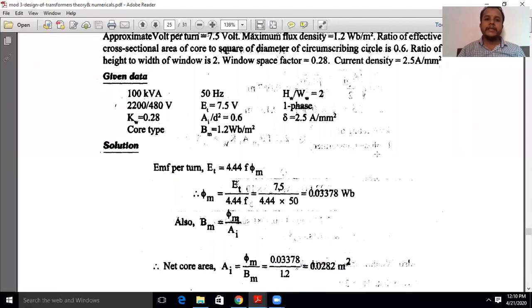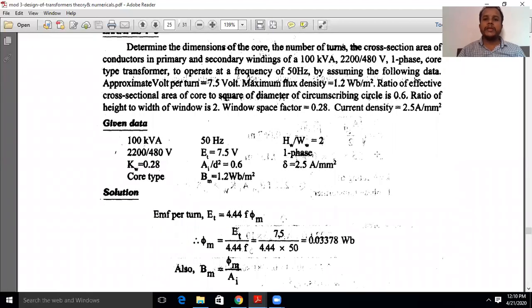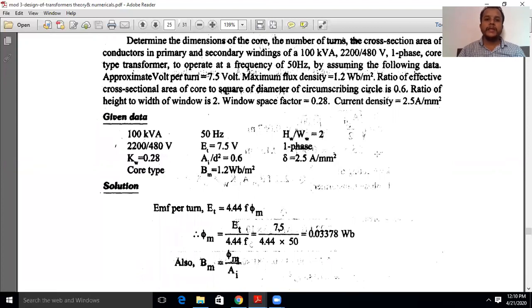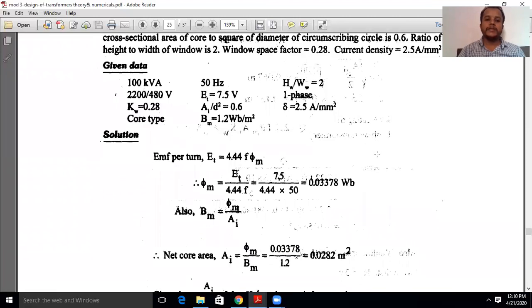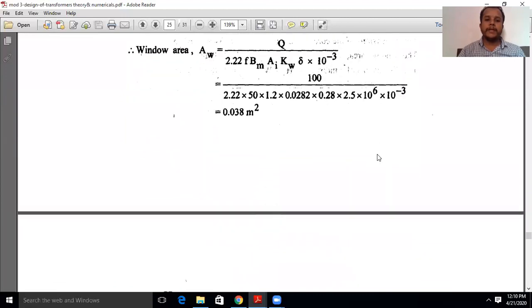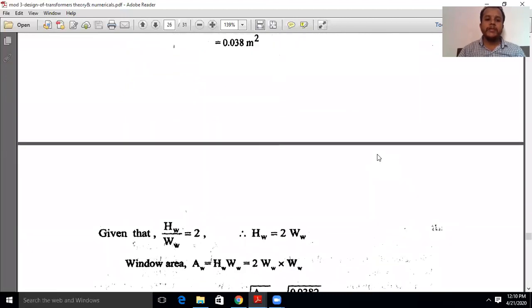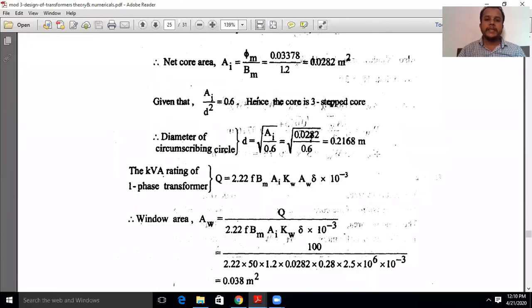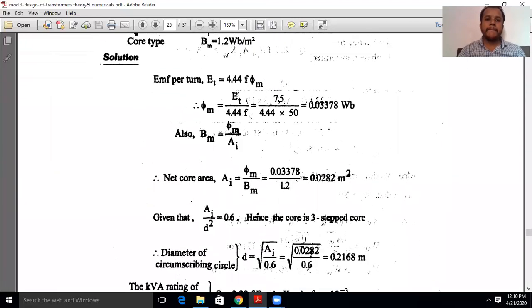Then we need to calculate the dimensions of the core, number of turns, and the cross-sectional area of the conductors in primary and secondary windings. Let us go for the dimensions of the core. In order to have these dimensions, again we need to calculate this Ai first. In order to have this Ai, we need to calculate phi. By using this, we can get Ai as 0.0282 meter square.